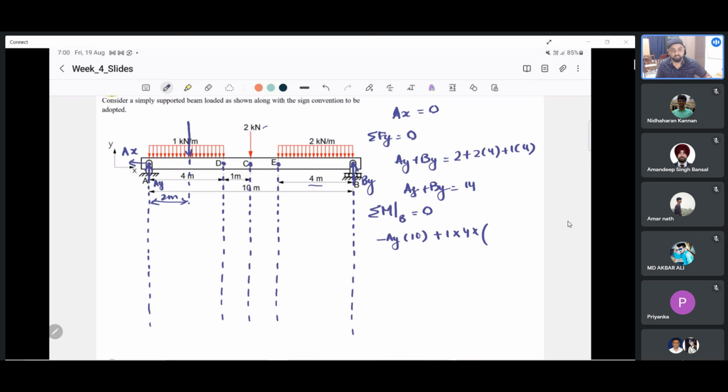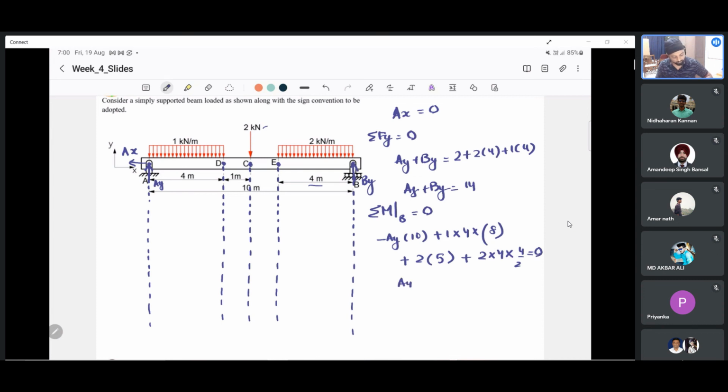What will the rest of the distance be? It will be 8. And then we have plus 2 into 5 plus 2 into 4 into 4 by 2 equals 0.